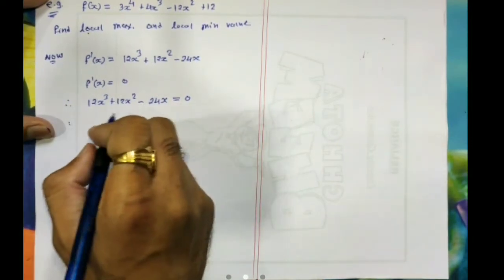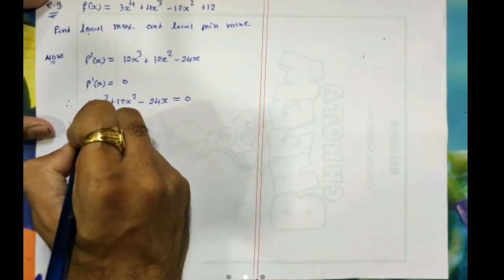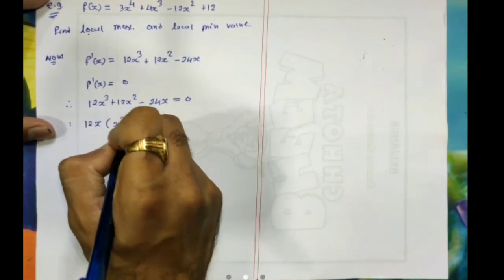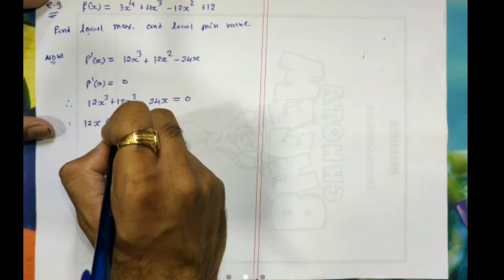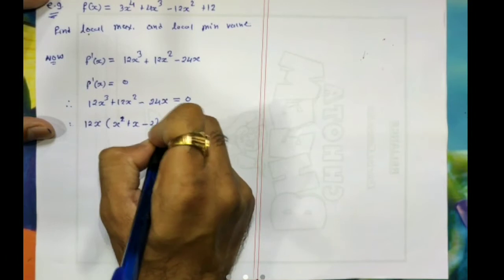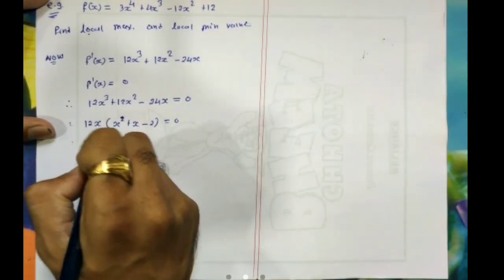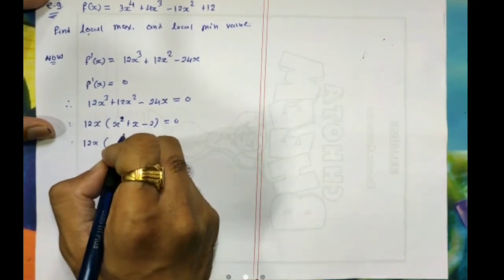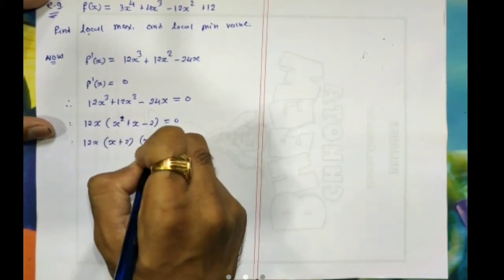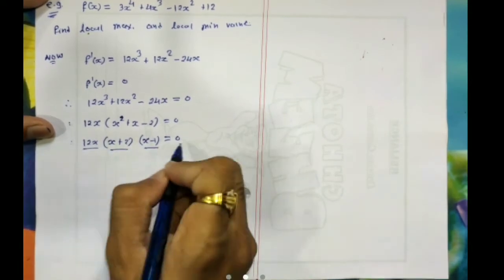Here we can take 12x common: 12x, x square plus x minus 2 equal to 0. So factorization: 12x, x plus 2, x minus 1 equal to 0.